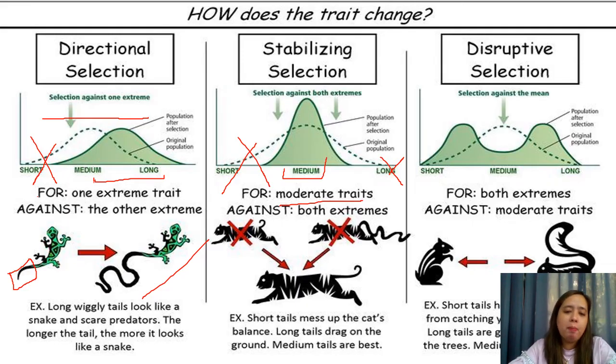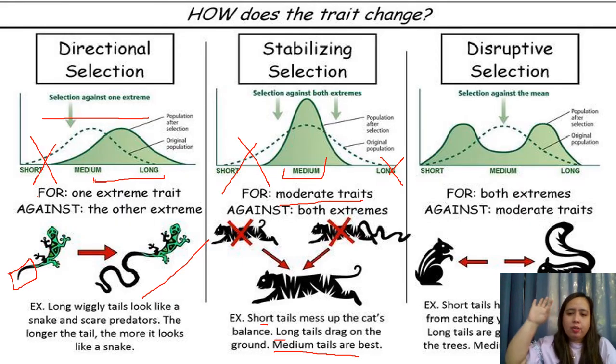When it comes to your stabilizing selection, the traits in the middle, in between, is the favored one. For example, short tails mess up the cat's balance. Long tails drag on the ground when they jump. So, medium tails are best for cats, especially when they are jumping from high to low. Physics will tell you that even if the cat is sleeping, try to push a cat even while sleeping, they still will land on their 4 feet.